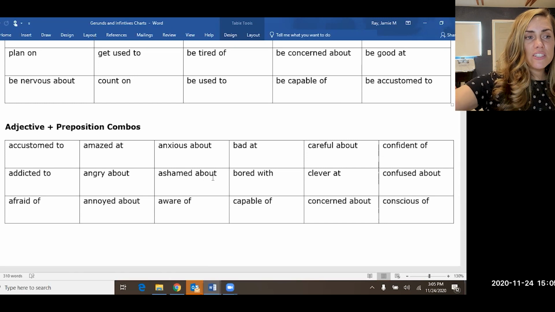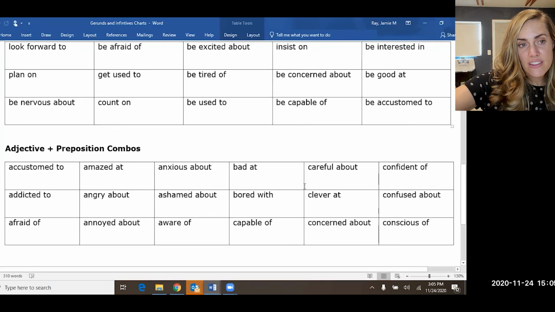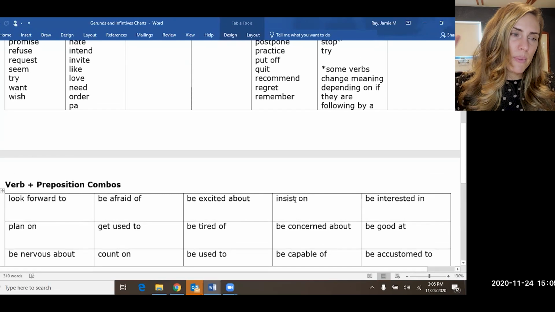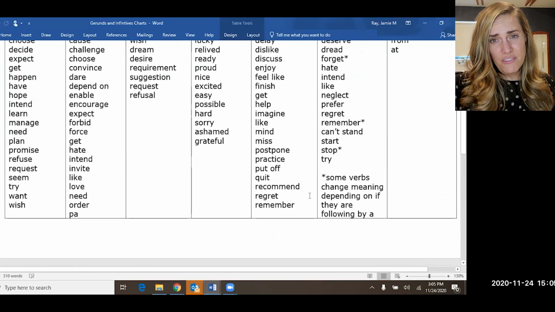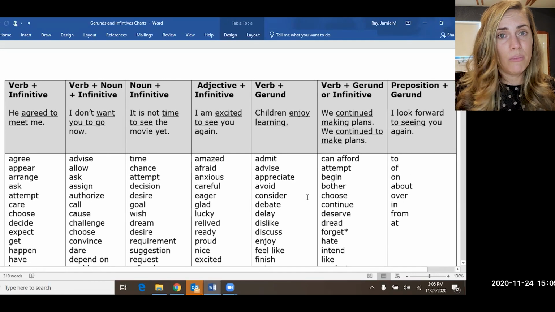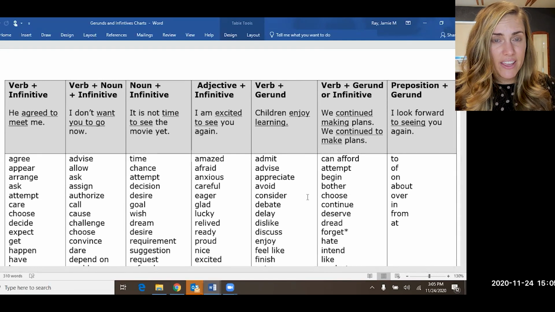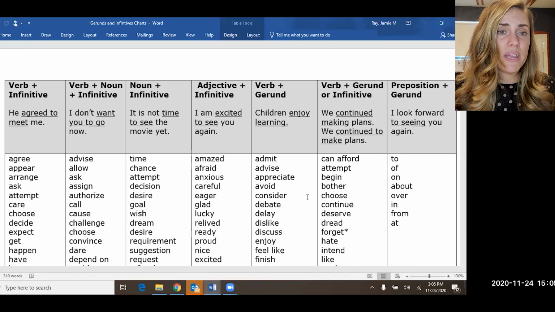Okay, so here's a list, another list that is helpful to kind of be aware of. But with all this stuff, it's just too much to memorize. I don't recommend memorizing anything. I just recommend being aware of these categories and these rules.